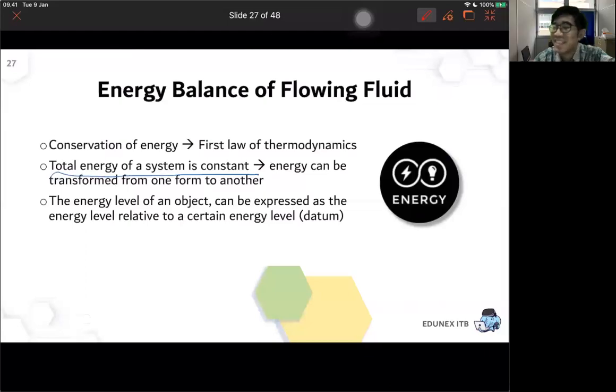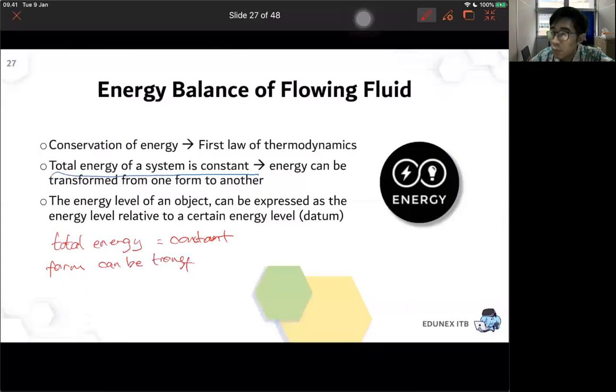Okay, so just remember for now that the total energy for flowing fluid is always constant, but the form can be transformed.